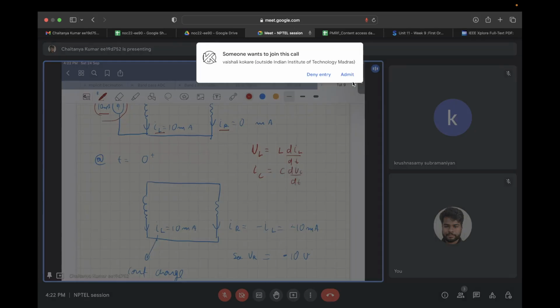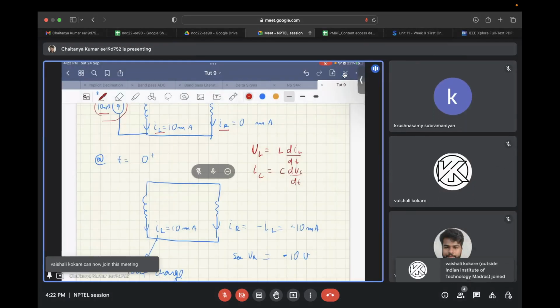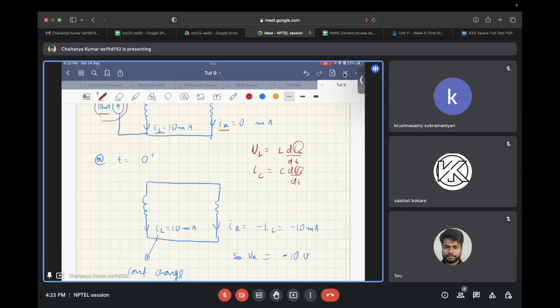If there is a sudden jump in either the inductor current or the capacitor voltage, their derivatives will become impulses, and that will create impulses in the voltages and currents of the circuit. So that's why inductor currents and capacitor voltages don't change instantaneously.